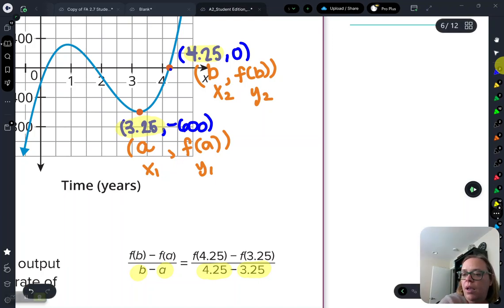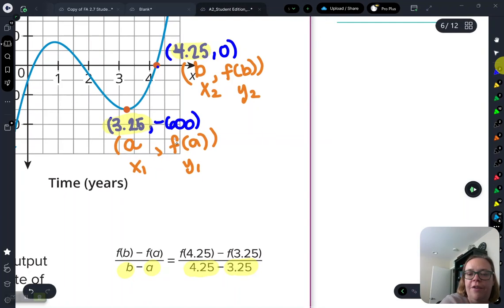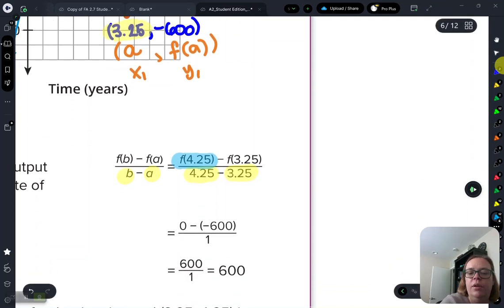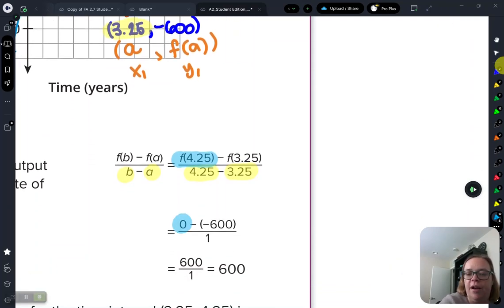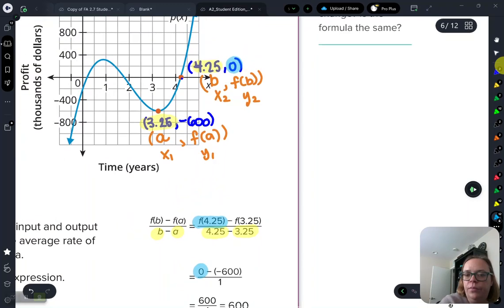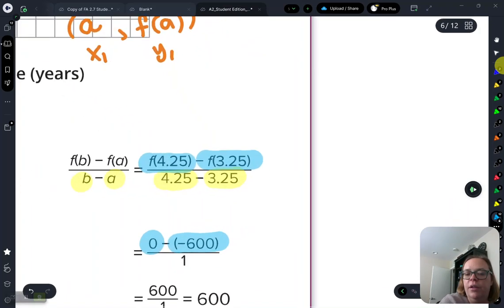And then we've got f of b, which is f of 4.25, which is going to be 0. You're going to see that gets filled in right there. And then f of a, which is f of 3.25, is negative 600. You can see it gets filled in there. Okay, so this is really right here.